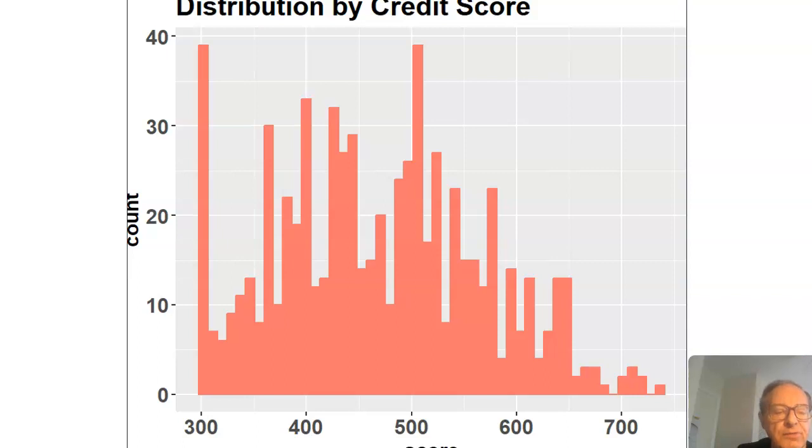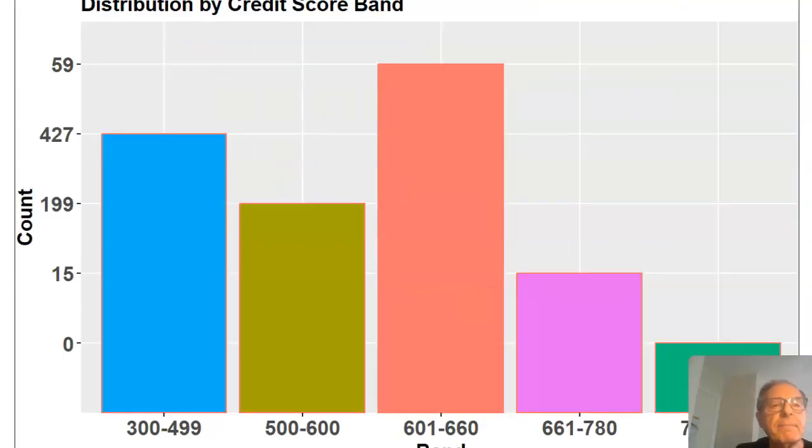Nothing in the calculations prohibited that, but I want the lowest score to be 300, so I put those lowest scores in the 300 category. When I recalculate that prior distribution by credit score band, the 5 credit score bands look like this, and other than a few too many in the lowest band, this is what you expect. You want most people to be in the middle, not too many people at either end.